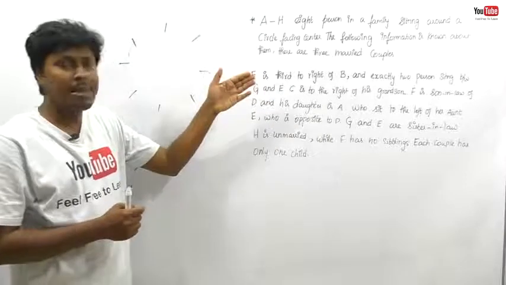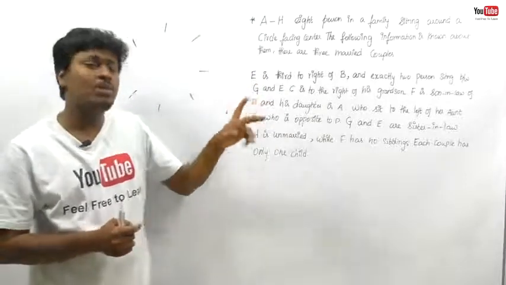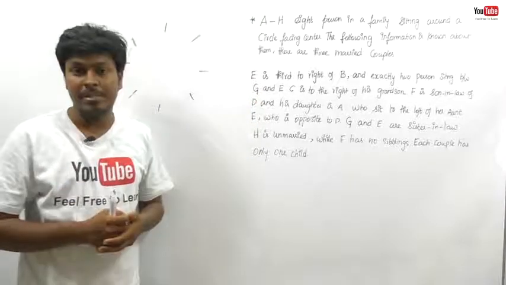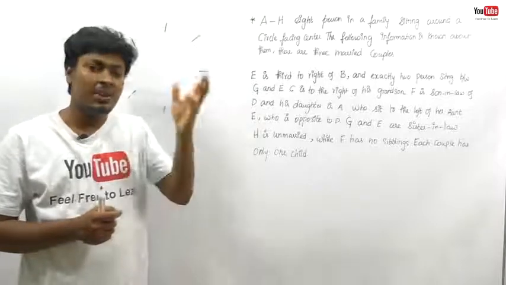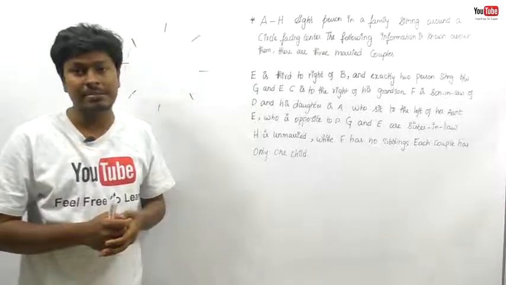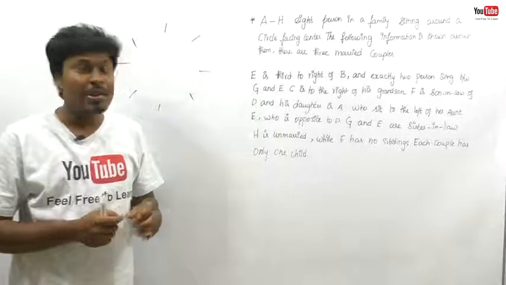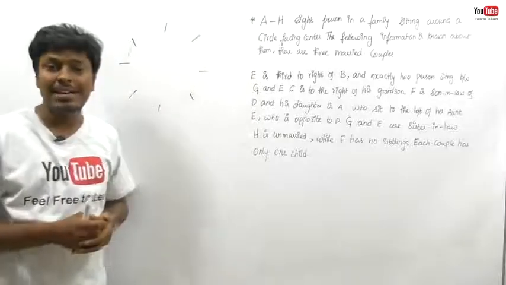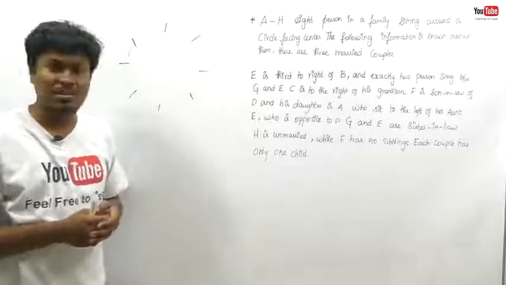Not only these 3 married couples, friends, in most of the questions, in all the complex arrangements where a clue is given in the question, our concentration should be 50% on the circular arrangement and 50% on finding the relationship between them. So let me move on to this question.